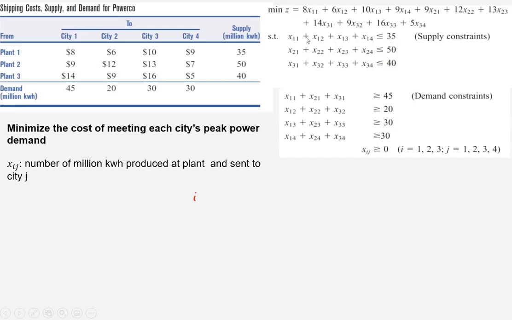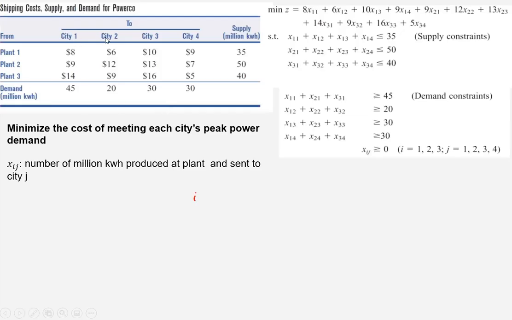And then we would have, again, 2 sets of constraints. One for the plants, or the supply points, making sure that x11, x12, x13, x14, the amounts that go to cities 1, 2, 3, and 4 from plant 1, are less than or equal to the amount that plant 1 can supply.